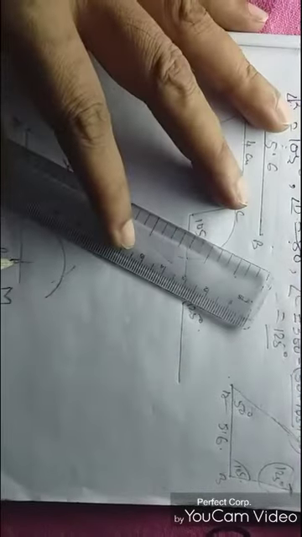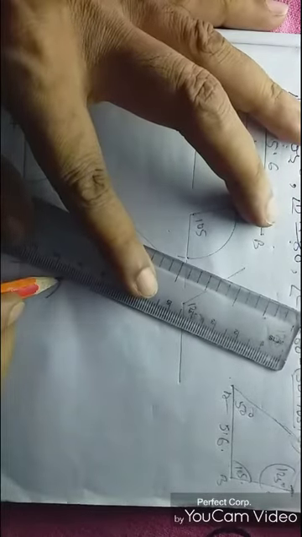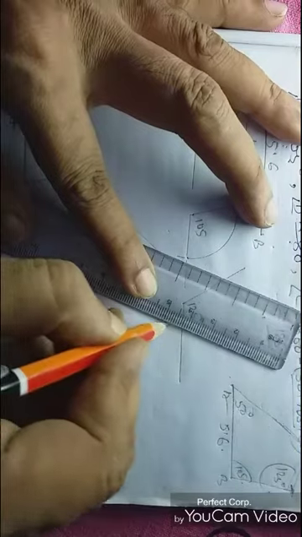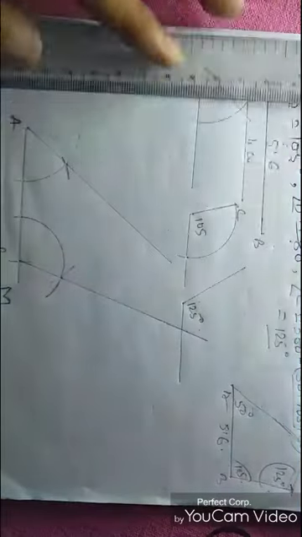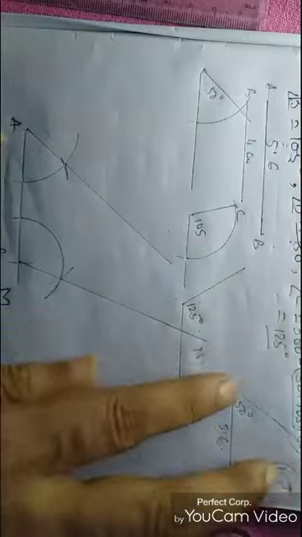Draw this line, you will get 105 degrees. This is 105 degrees. Take BN as another line, and from BN cut BC 4 cm.